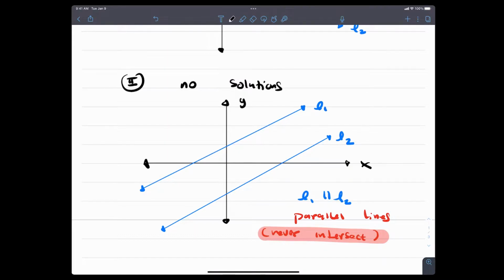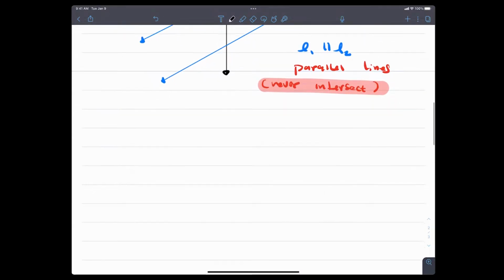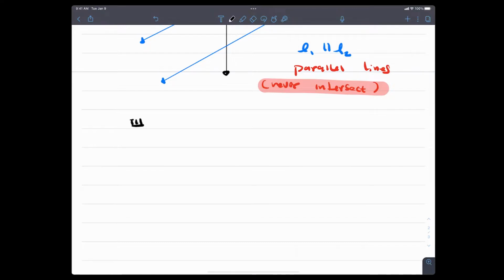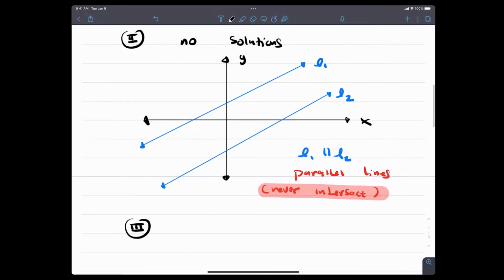See if you remember. No, this means no solution because you have no point of intersection.